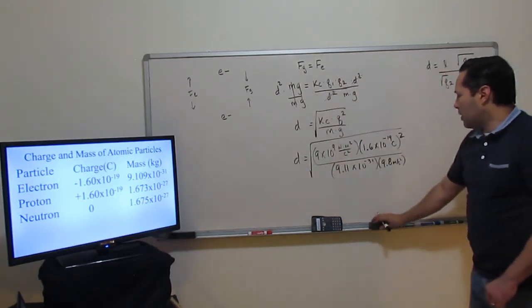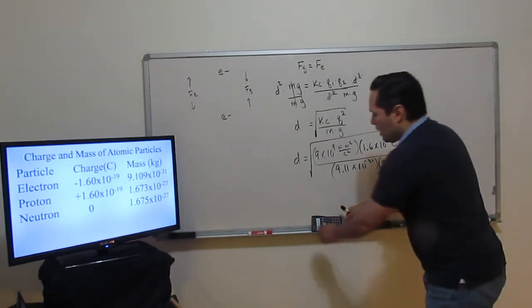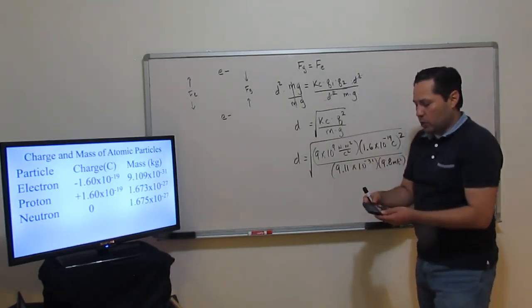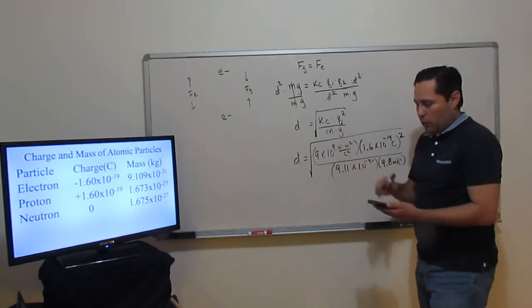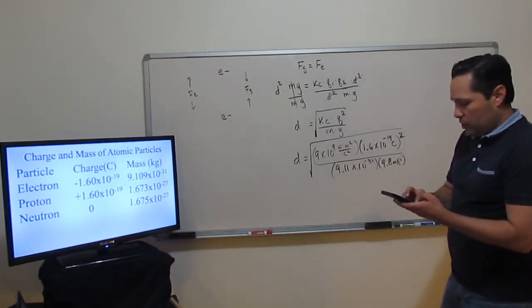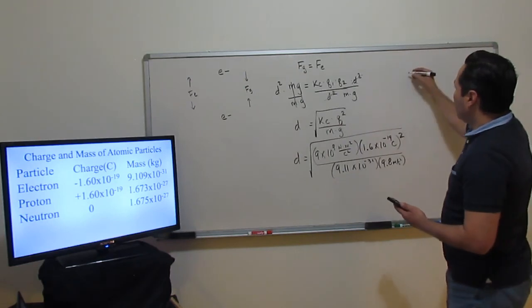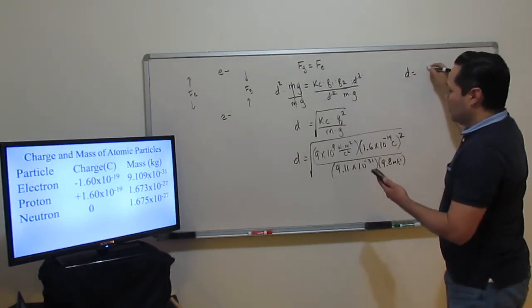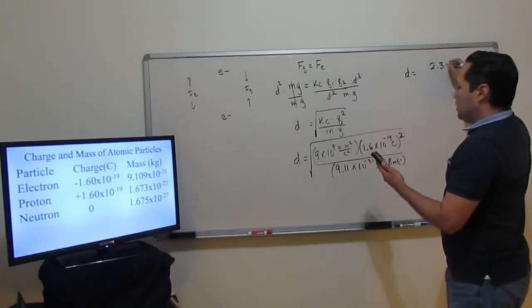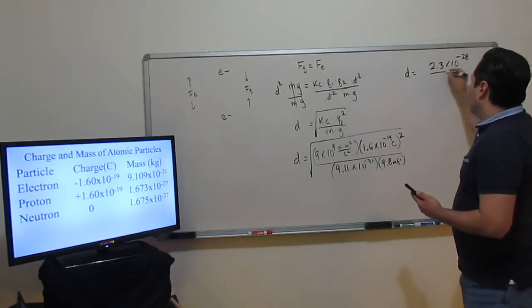So we're going to go step by step. We're not going to use this other formula. Again, I always advise my students not to do it all in one step. Alright, 9 times 10 to the 9 times 1.6 times 10 to the negative 19 squared gives me 2.3 times 10 to the negative 28. That's our numerator.